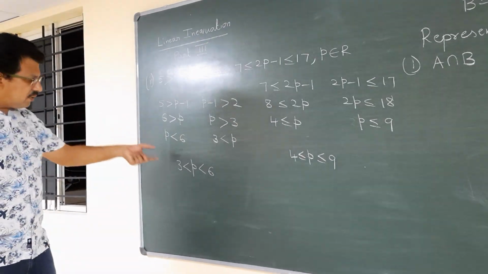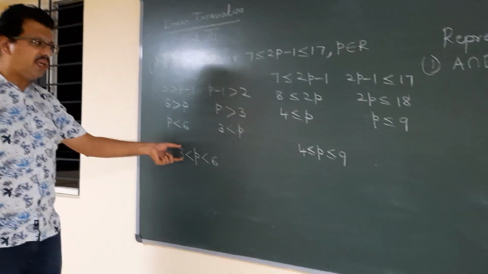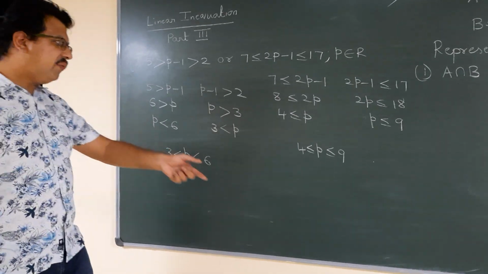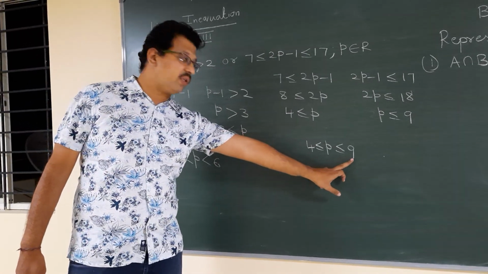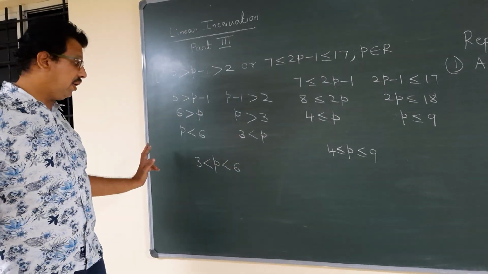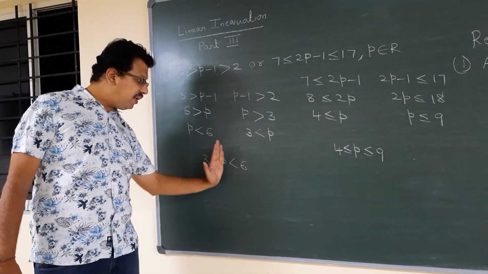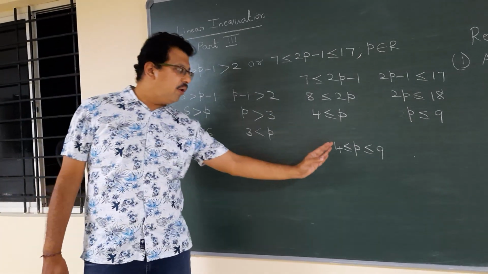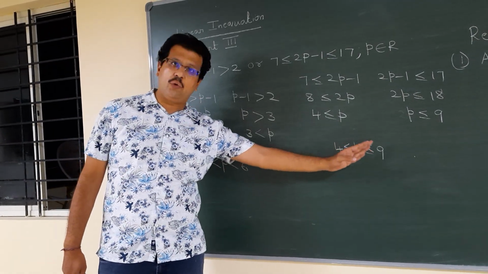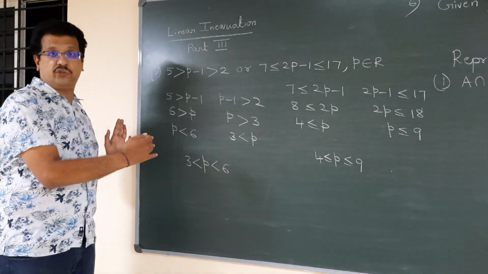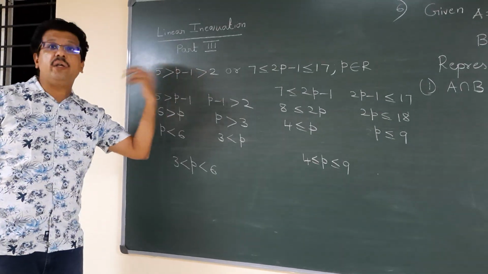Combine means, the smallest number we are getting is 3, so we have to start from 3 and end up to 9, because all the numbers are going to be included. That means all the numbers in 3 less than p less than 6 and also 4 less than or equal to p less than or equal to 9 will be included by combining these two inequations, and that is called union.